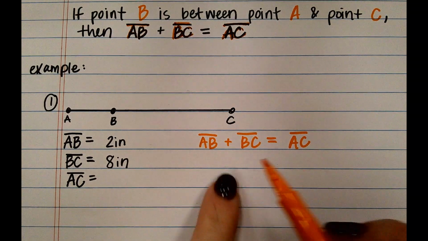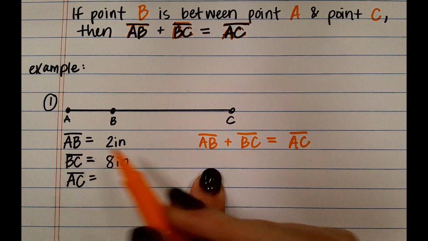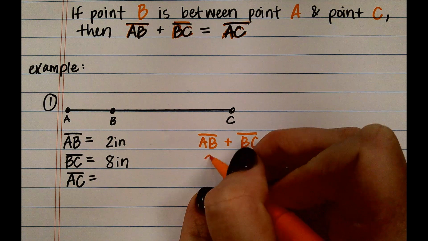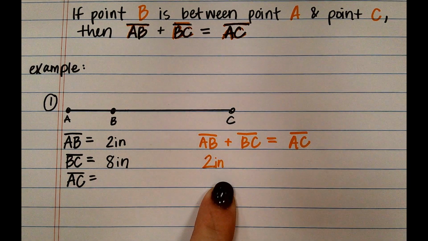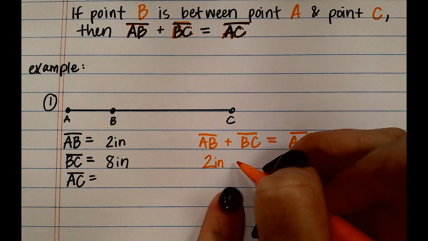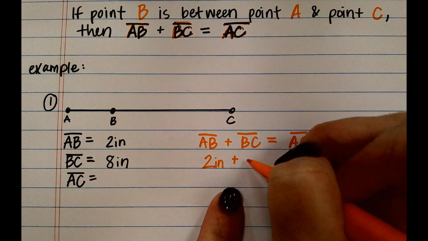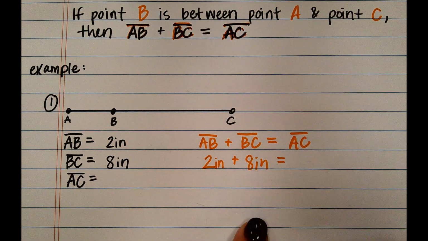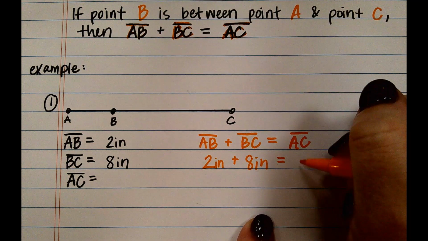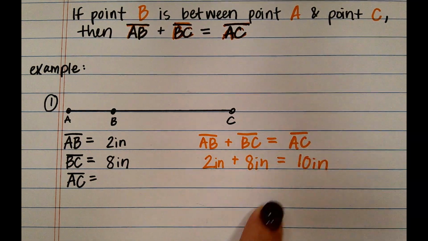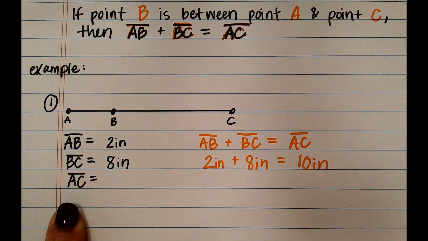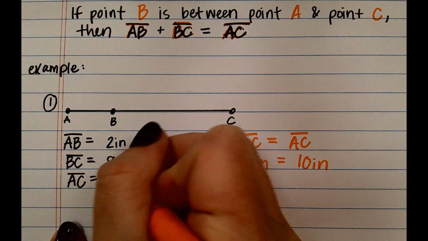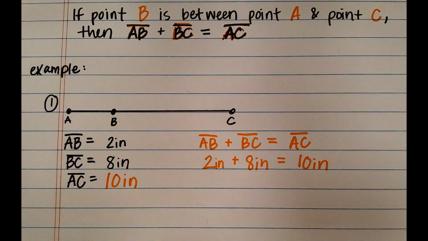Very good. So AB we know is 2. So I'm going to write 2 inches plus, what's BC? 8 inches. Good. 8 inches equals 10. So AC is 10 inches. And that's your answer there.